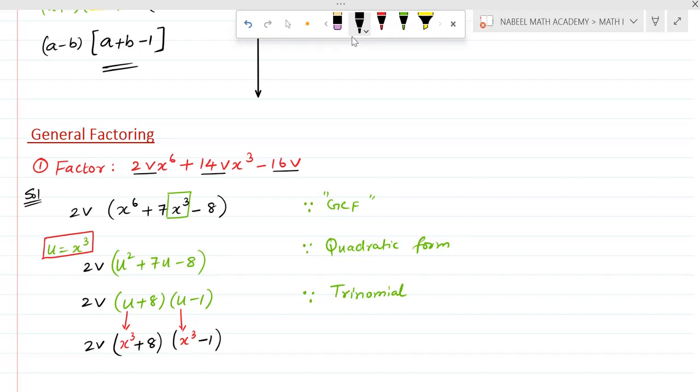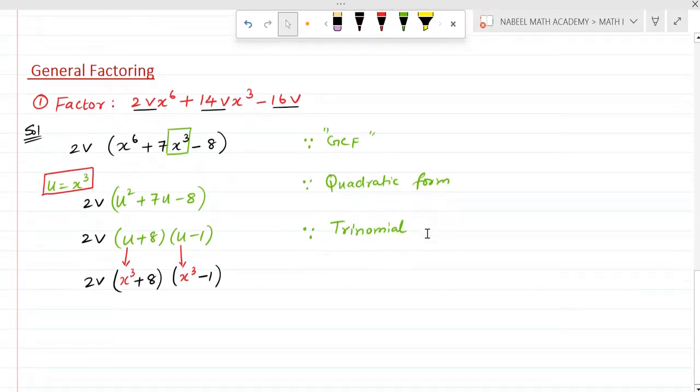So this is the final answer. But still it is not completely factored. So therefore I have to go further. What is the further step here? It can be written as x to the power 3 plus 2 to the power 3, and here x to the power 3 minus 1 to the power 3. So this is the special factoring.